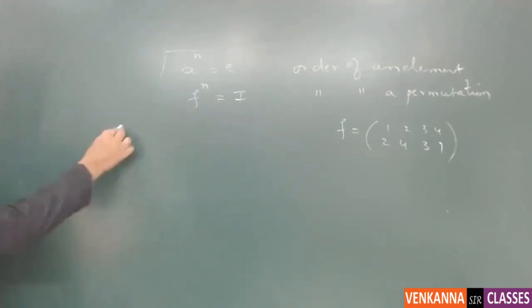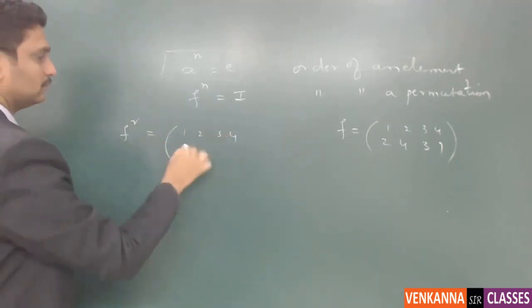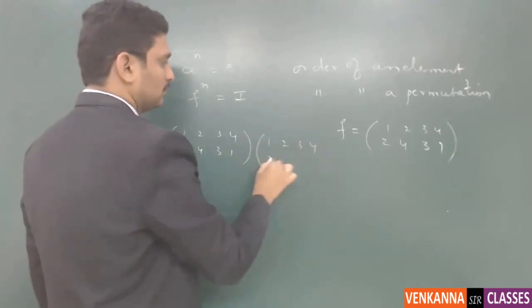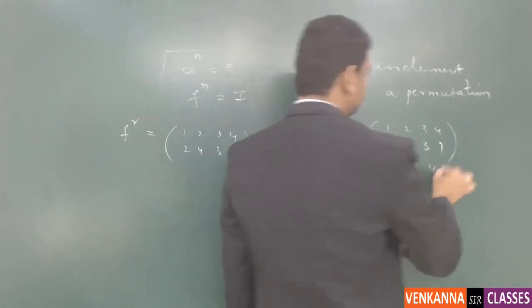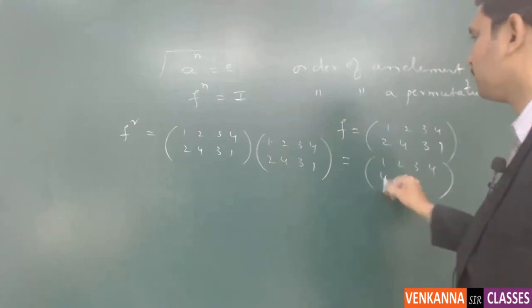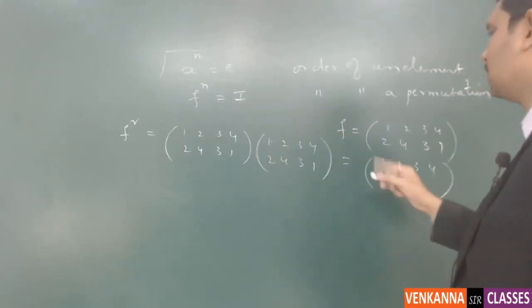So I just want to calculate f square first. So if you compare for 1, 2, 2, 4, 2, 4, 4, 1, 3, 3, 3, 3, 4, 1, 1, 2.